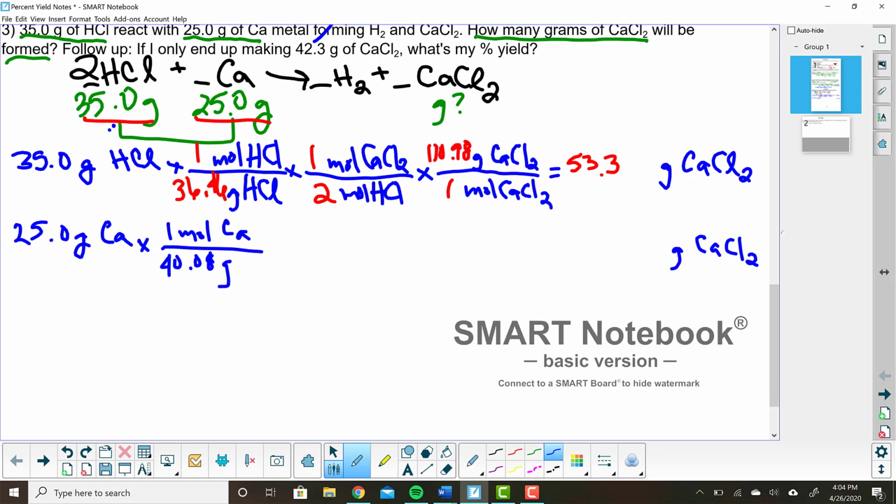40.08 grams of calcium. And then I have 1 mole of calcium in every 1 mole of CaCl2, and this is the same as in the above reaction.